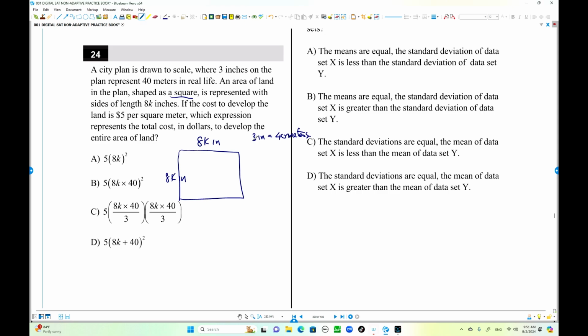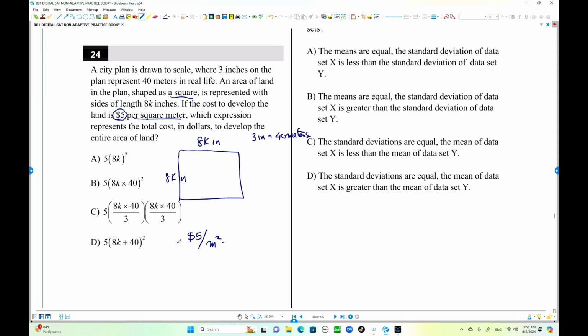Okay. But the cost to develop the land is $5 per square meter. So we know that it is $5 per square meter.